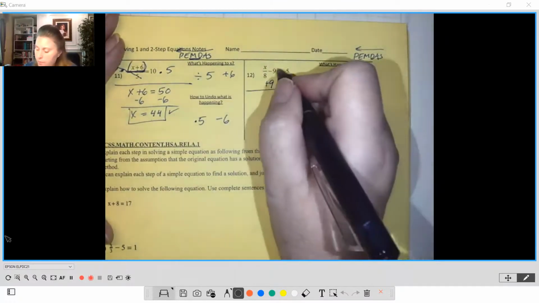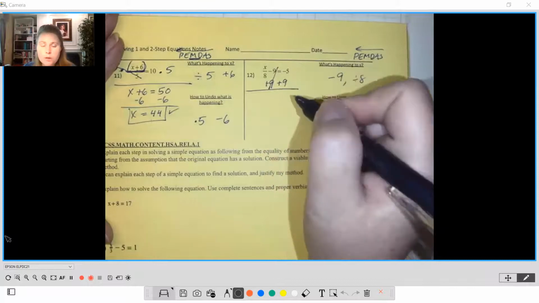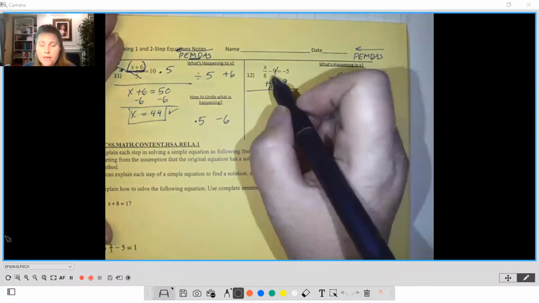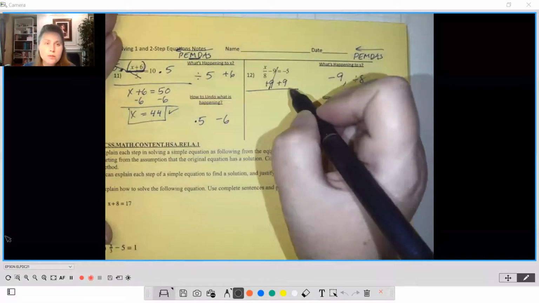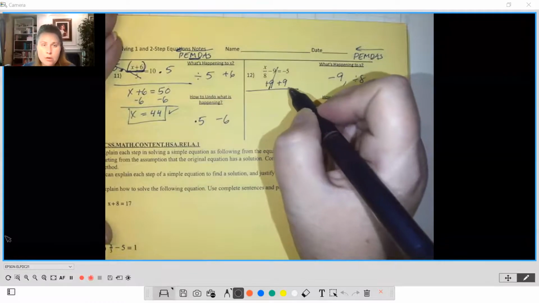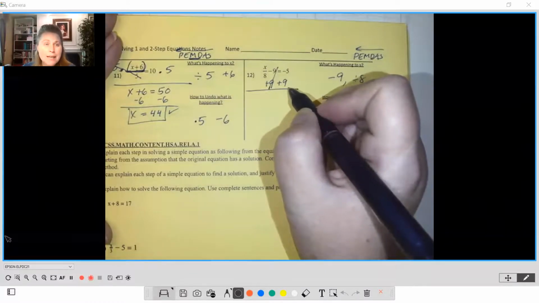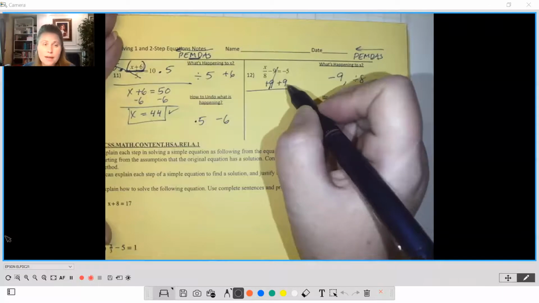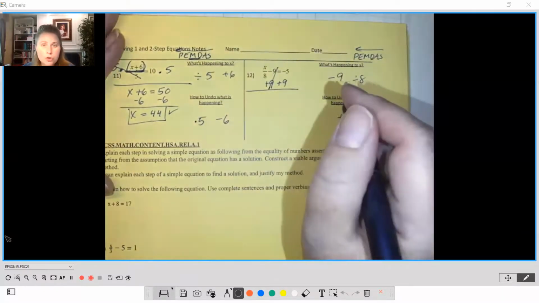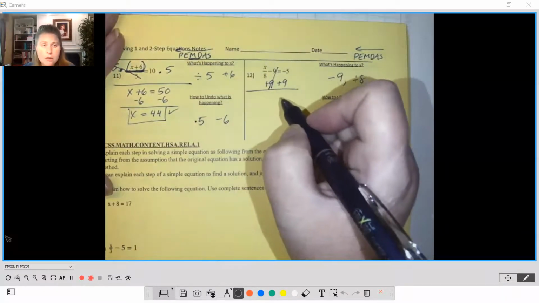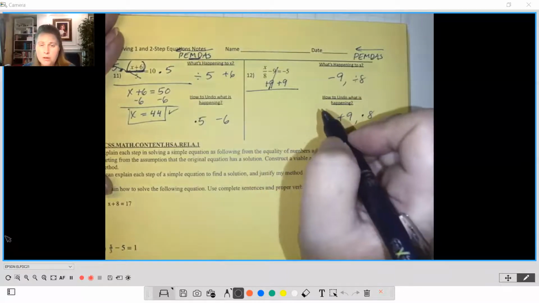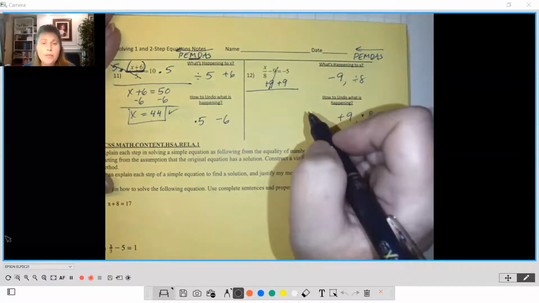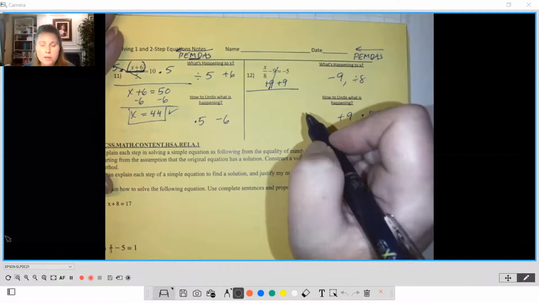When you are doing your tests and quizzes, if I see the work and I see this was an obvious arithmetic error, like they said 4 plus 5 is 10, and I know that they know 4 plus 5 is 9, then since you're showing your work, I can see that. If your only error was an arithmetic error, I'm probably not going to count that against you unless you're making multiple errors.